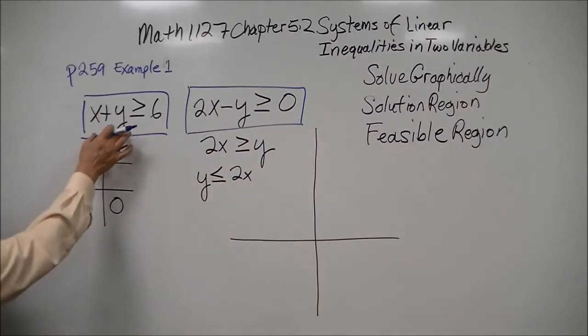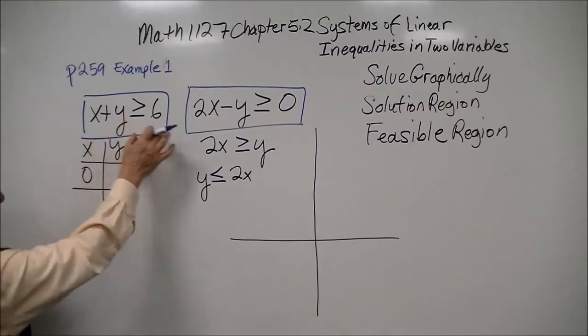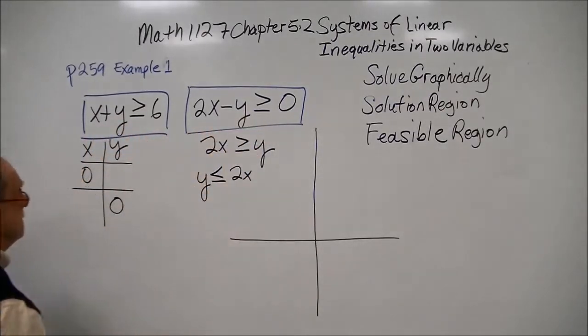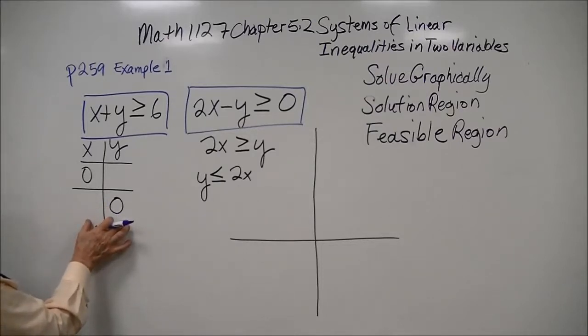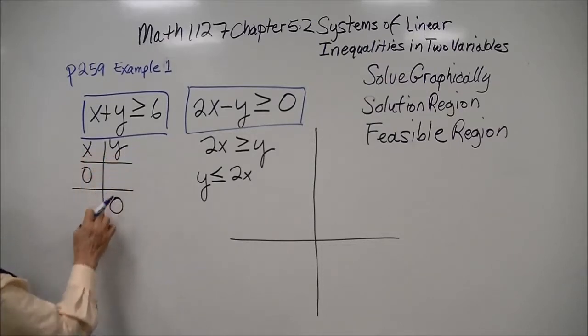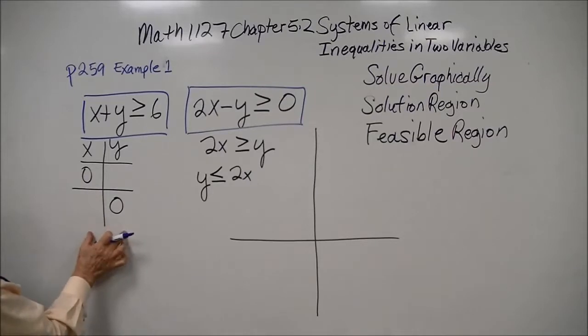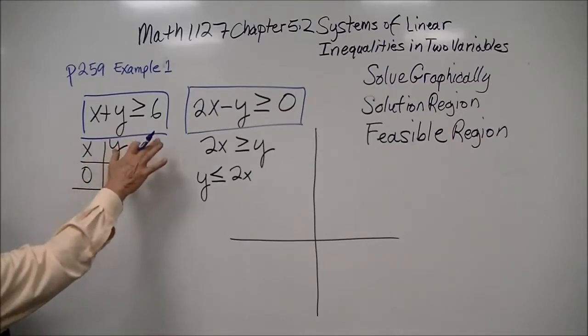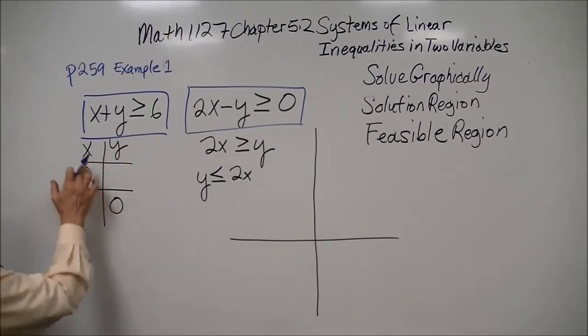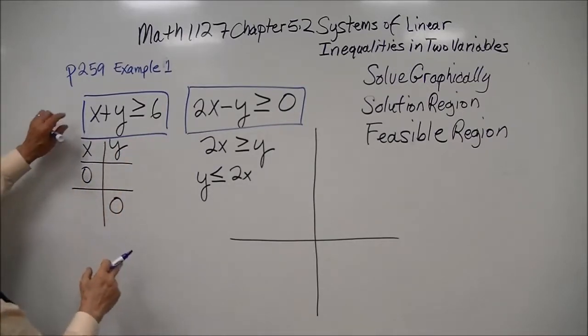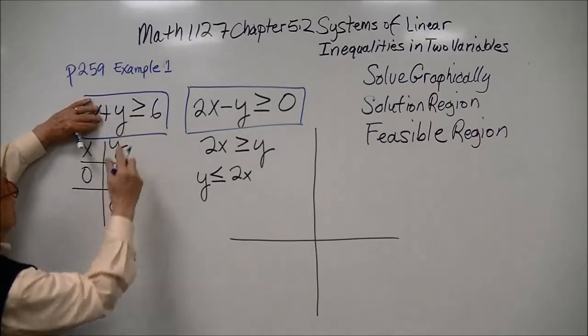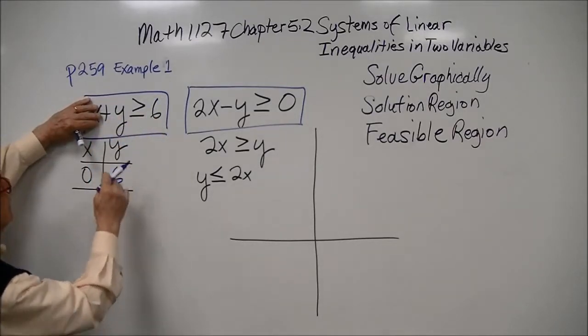Well, this is in standard form, and this is in standard form. And I've said that as a tool, when something is in standard form, a good tool is this X and Y-Intercept T Chart. So let's use it for this one. If X is a 0, Y is going to be 6.